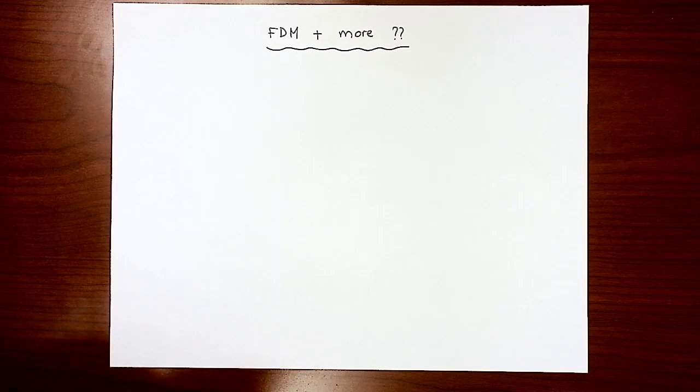I will take you through another example, very typical to what we did before, but I will change one of the boundary conditions to show that sometimes the finite difference method needs an additional tool to help you solve the problem.